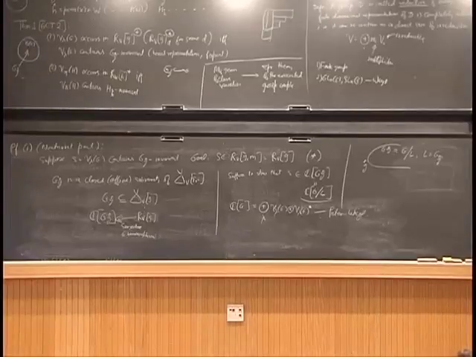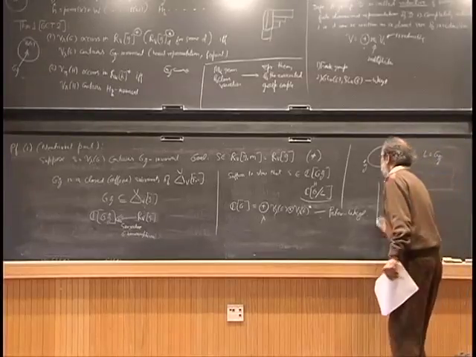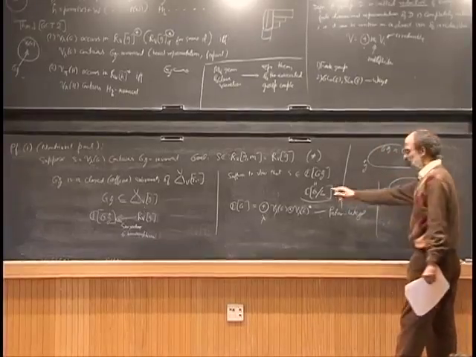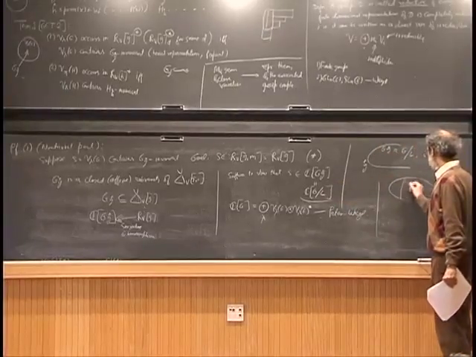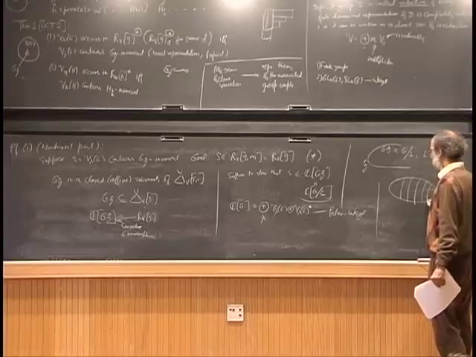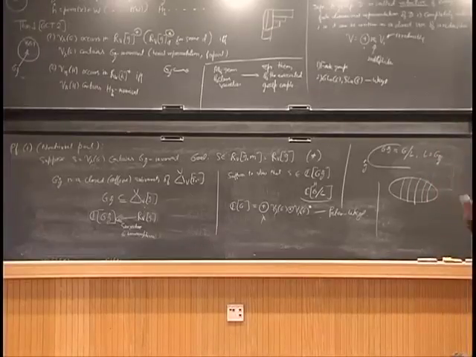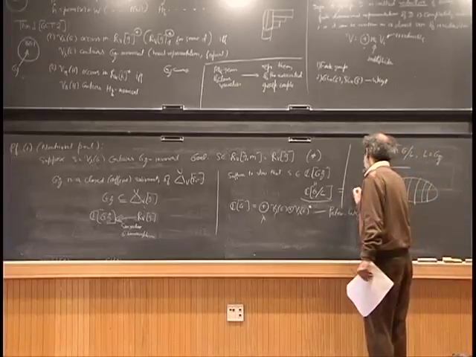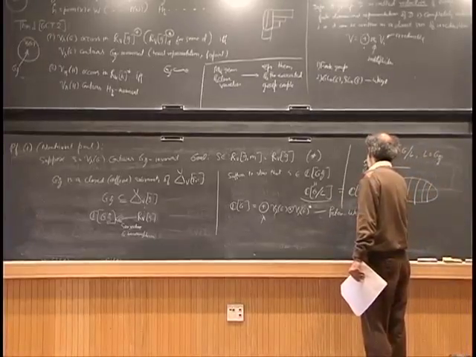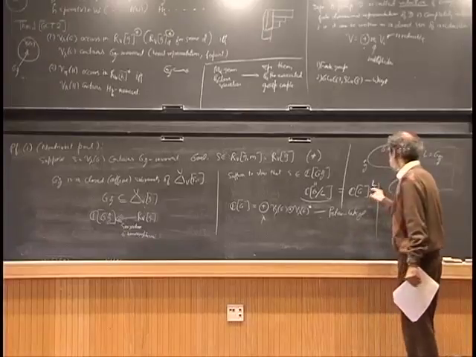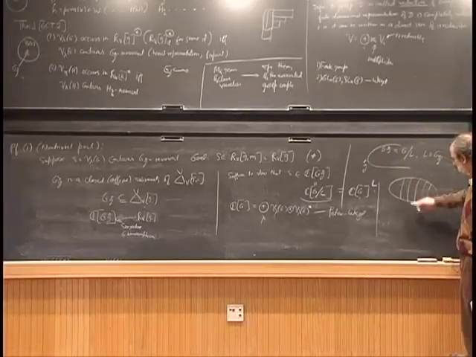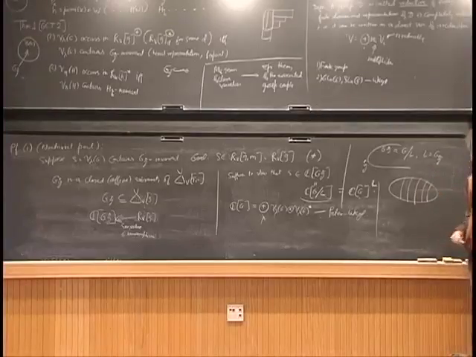Okay. And then the point is, now the polynomial functions on G mod L, you can think of them as the polynomial functions on G which are constants on the cosets of L. So what that means is that you can think of this as C[G] and the invariants, the invariants in C[G] with respect to the L action, because that is what polynomial functions on G which are constants on the cosets of L means.